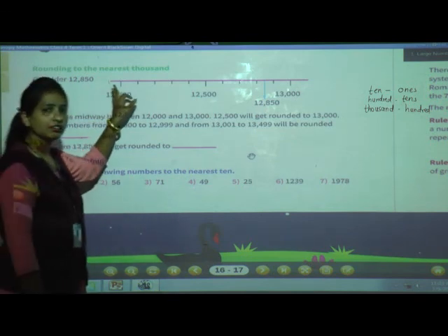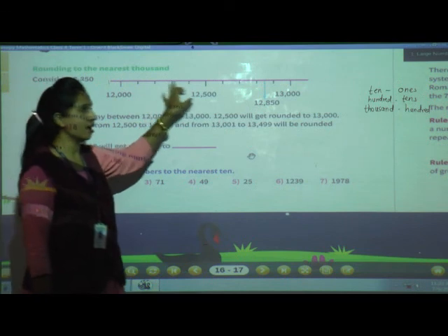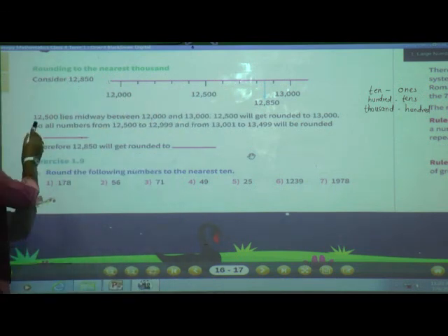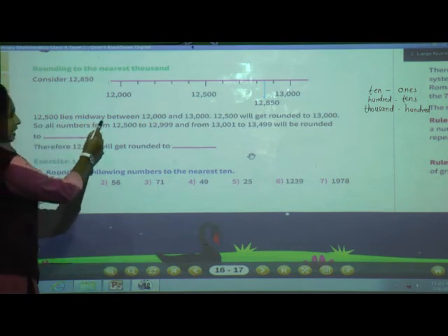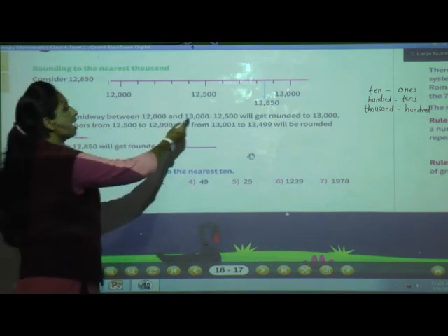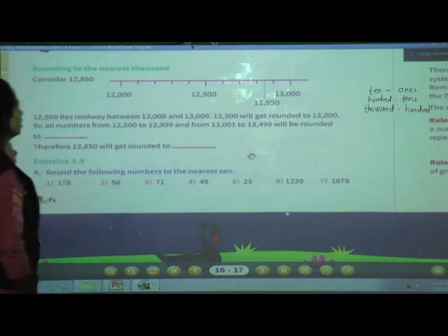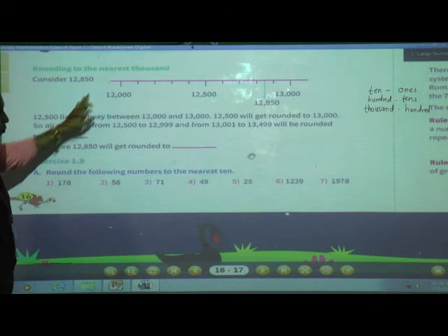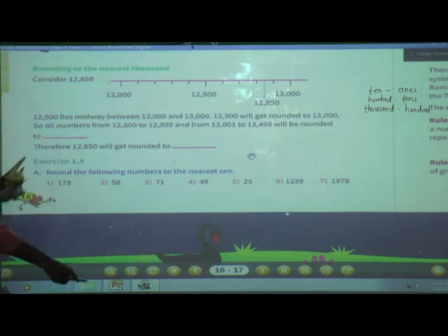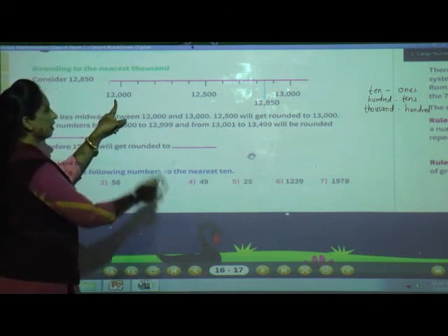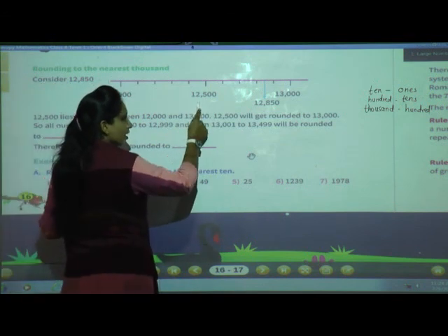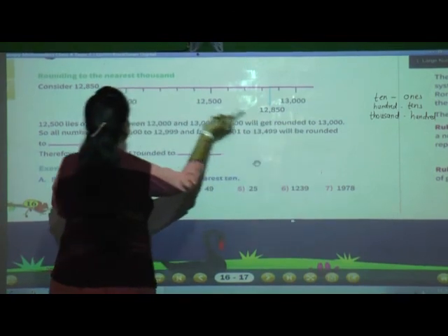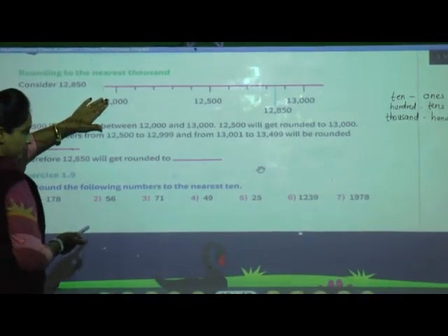They have done this question on a number line. 12,500 lies midway of 12,000 and 13,000. What we have done here, you can see, we have taken the midway number first. The midway is 12,500 and upside 13,000 will come and downside 12,000 will come.